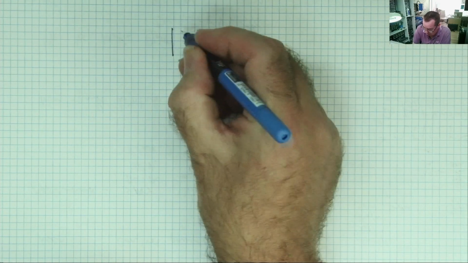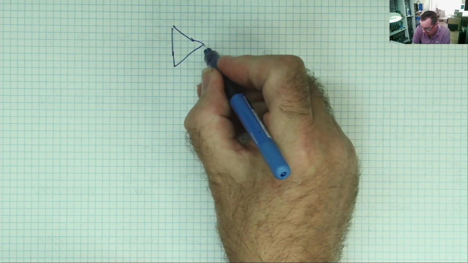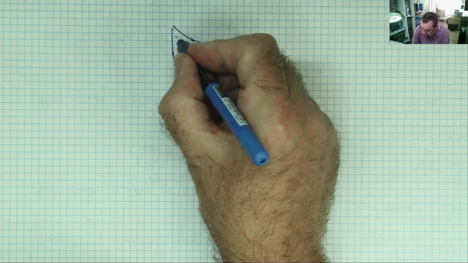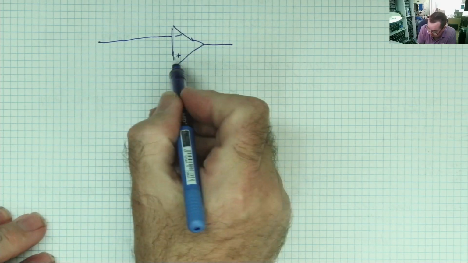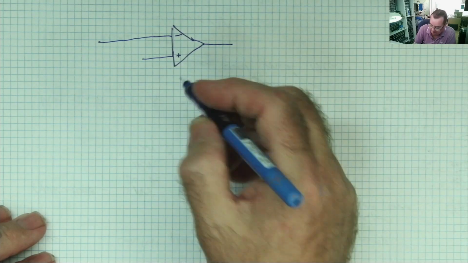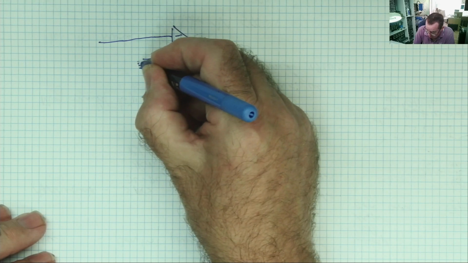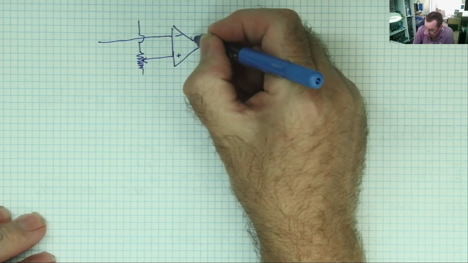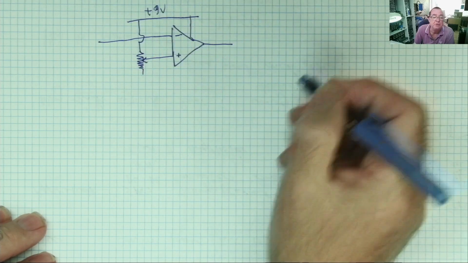So our pulse width modulator consists of two parts. We have an operational amplifier that is used as a comparator. With a comparator, we have two inputs. One of these inputs can be inverting or non-inverting, by the way, whichever way you want to build the circuit. If we put a variable resistor here, this is your positive supply rail, let's say plus 9 volts, because that's what I'm going to use when I build it.